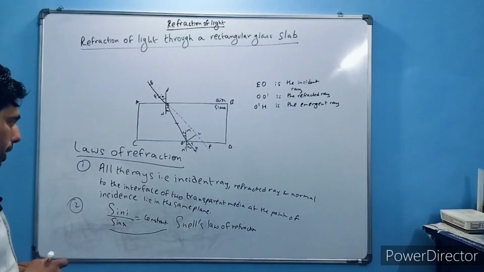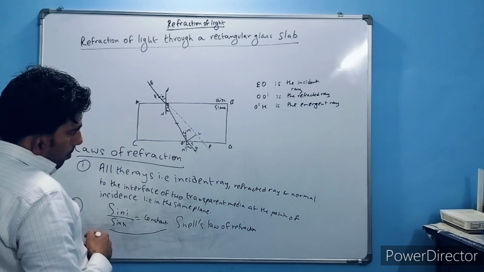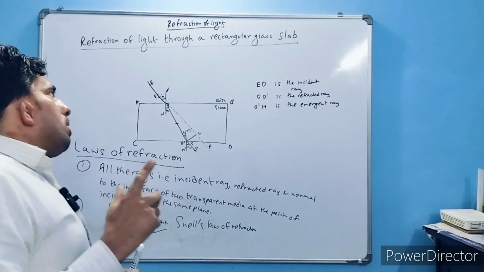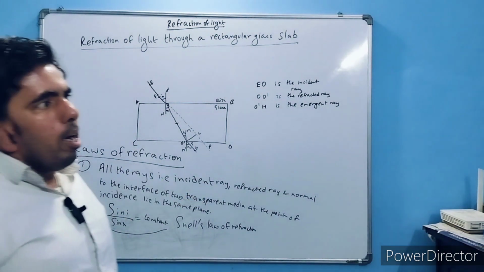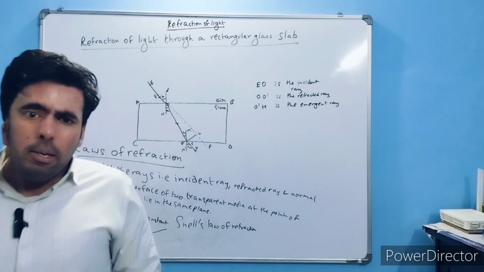Now the next thing is, this constant is called the refractive index of the second medium with respect to the first. So now we'll study what the refractive index is.